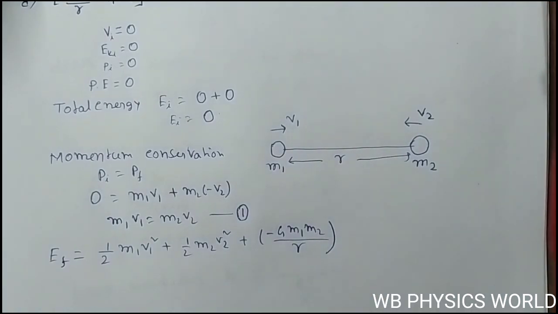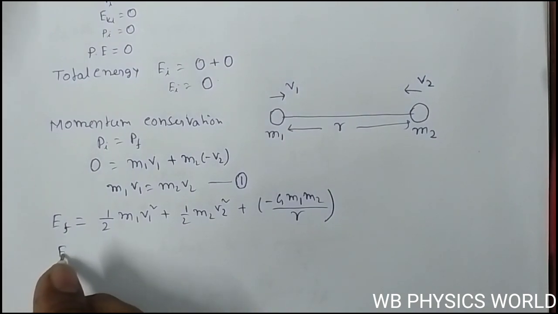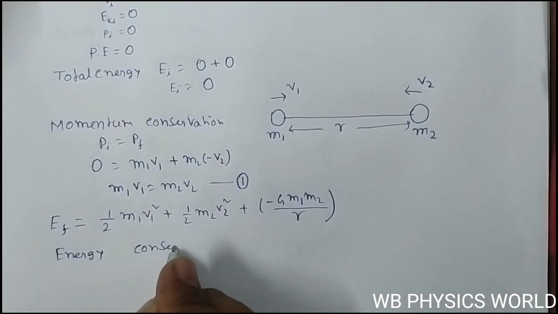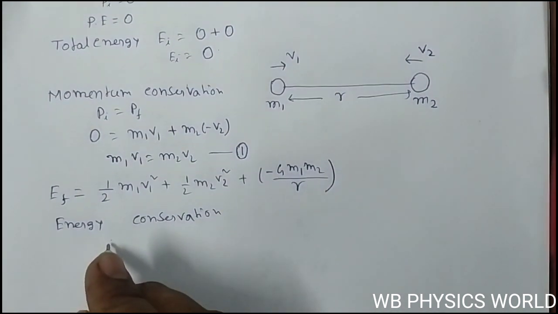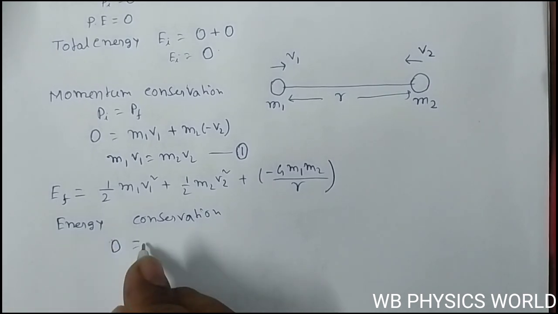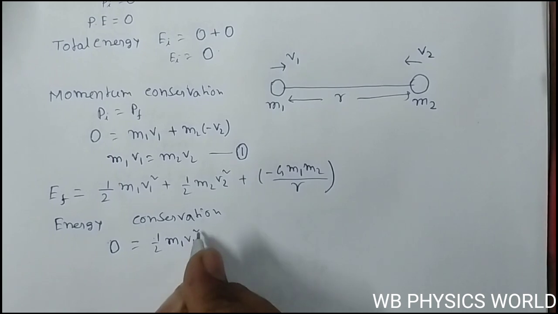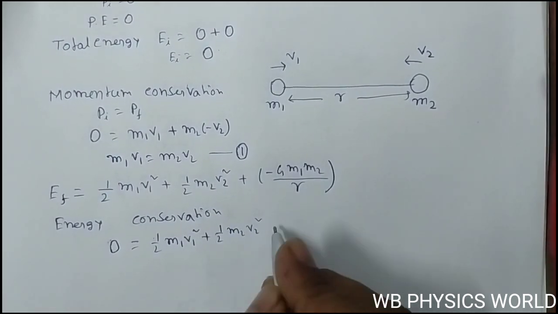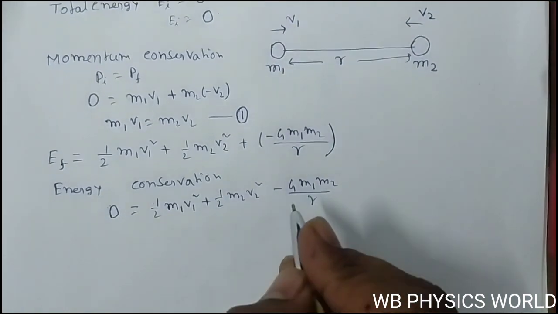Now from energy conservation, initially the total energy is 0, and the final energy is half m1 v1 square plus half m2 v2 square minus G m1 m2 by r.